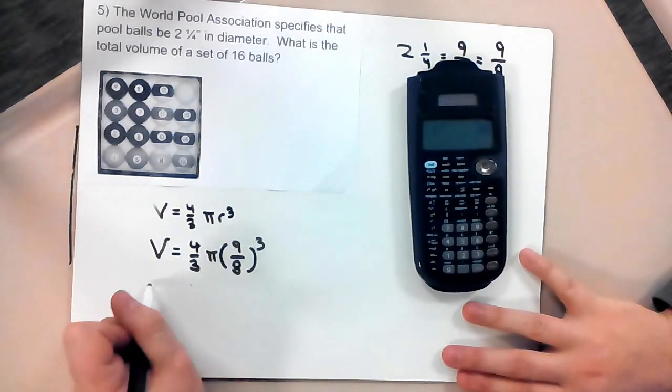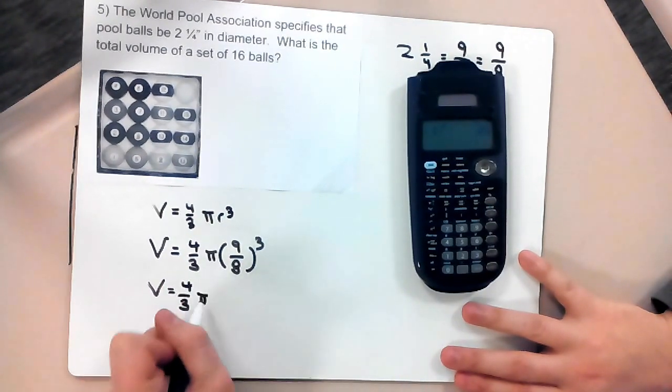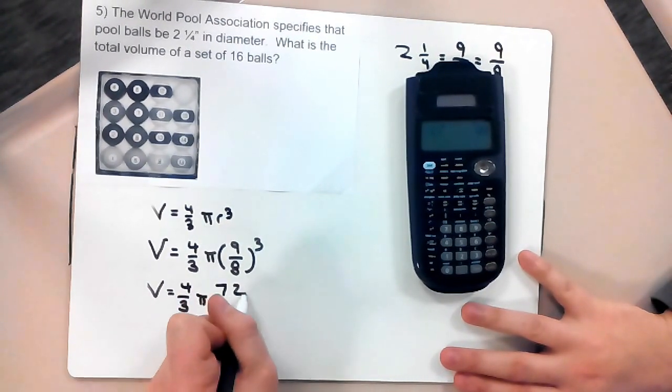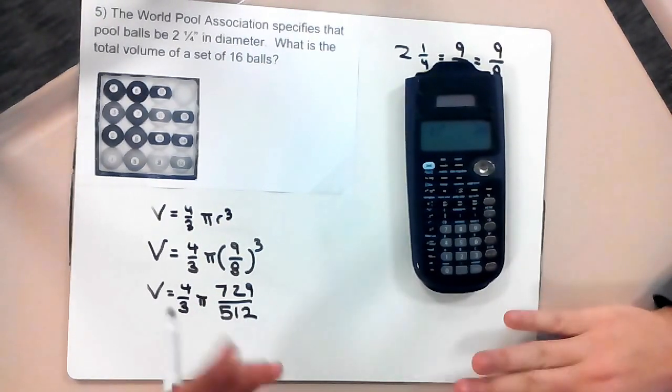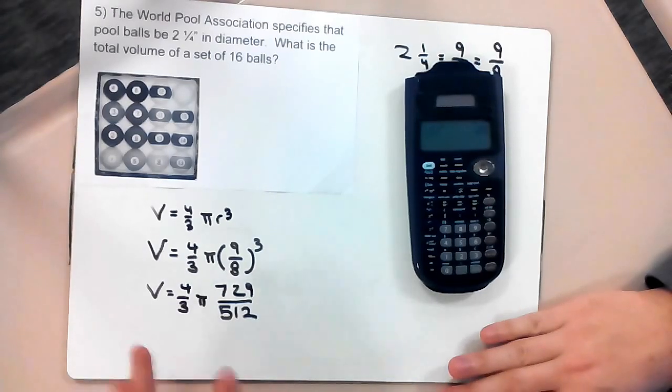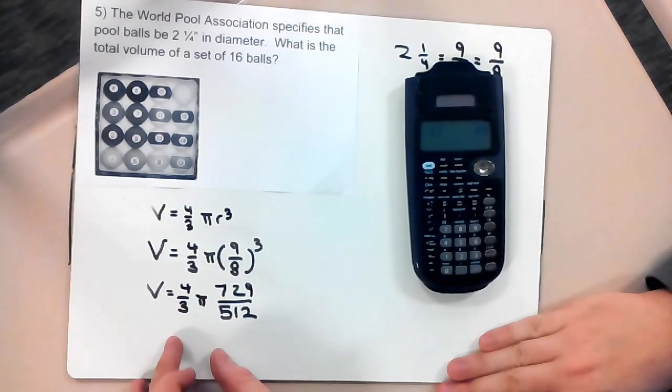That's going to give me V equals 4/3 pi 729/512. Again, I'm not doing really much of this work. The calculator is. I'm just not getting intimidated by the fractions.